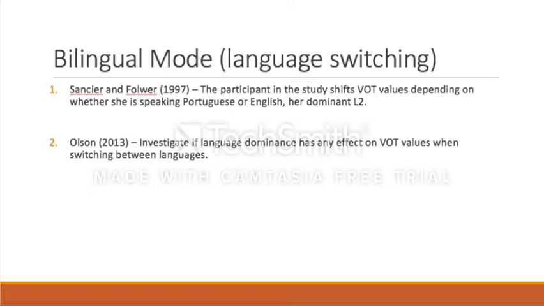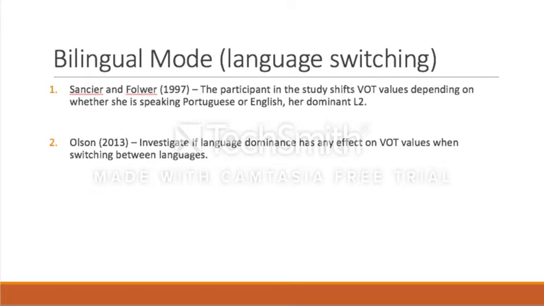She grew up in Brazil and was an adult learner of English as an L2, but it has become her dominant language because she lives now in the US. What they did is they measured her VOT values before going to Brazil and noticed that she had very English-like VOT values, and after speaking Portuguese, her VOT values shifted towards the shorter VOT values found in Portuguese.